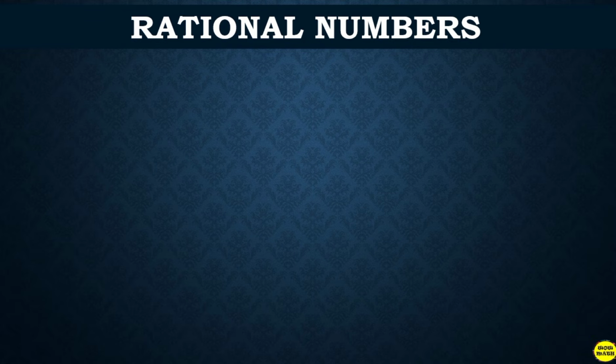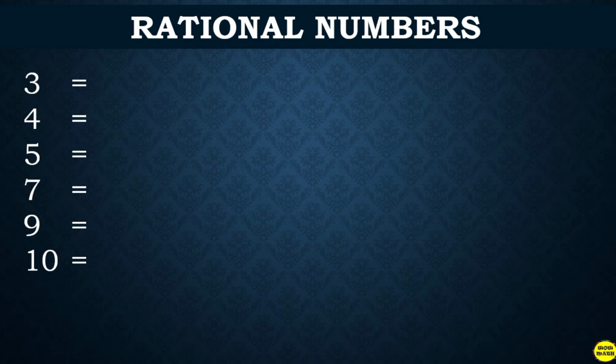So, in squaring a number, if I have 3, 4, 5, 7, 9, 10. Okay. If we will try to get the square of these numbers, we will have this one. May makikita kayong square doon sa mga numbers na yan.